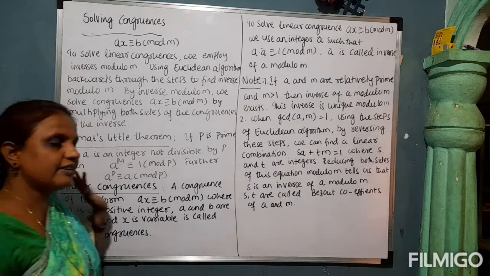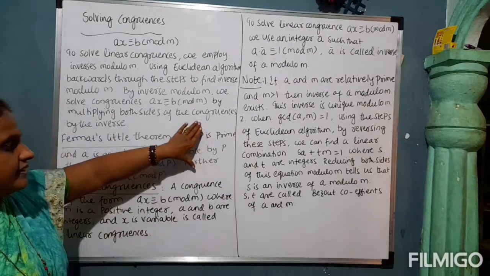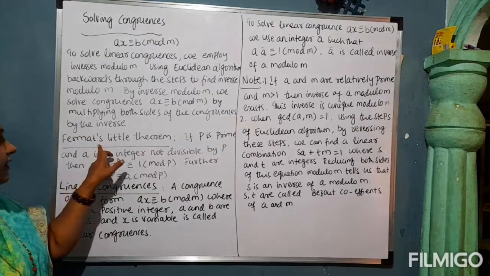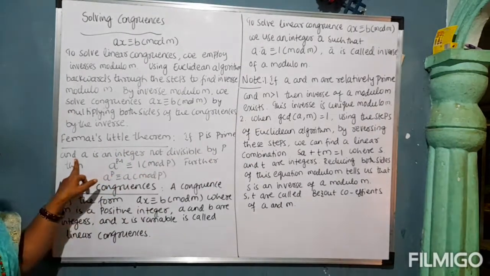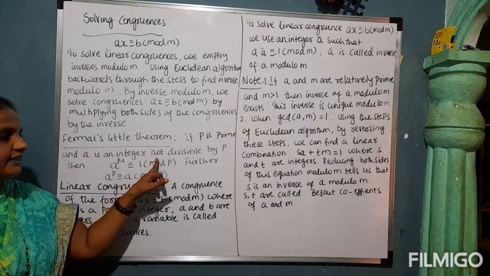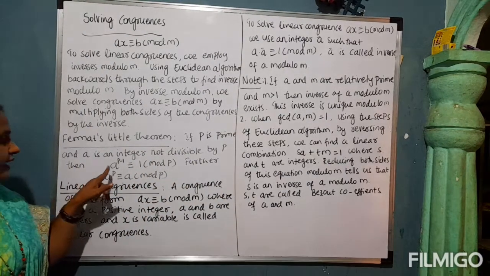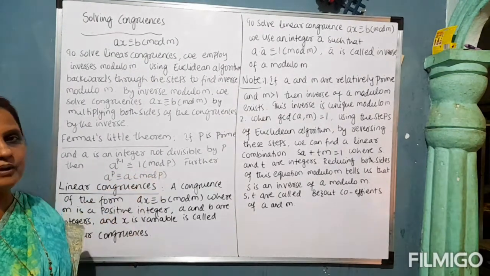So we will see the statement of Fermat's little theorem. This is studied in elementary number theory. Fermat's little theorem states that if p is a prime and a is an integer not divisible by p, then a to the power p minus 1 is congruent to 1 mod p.